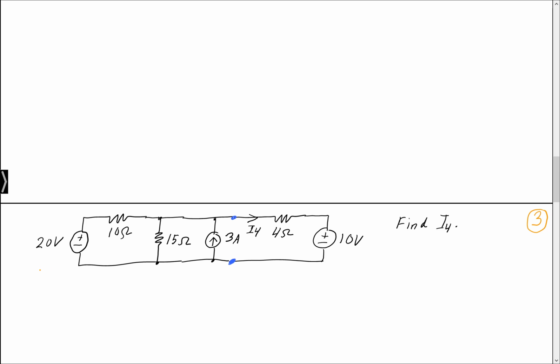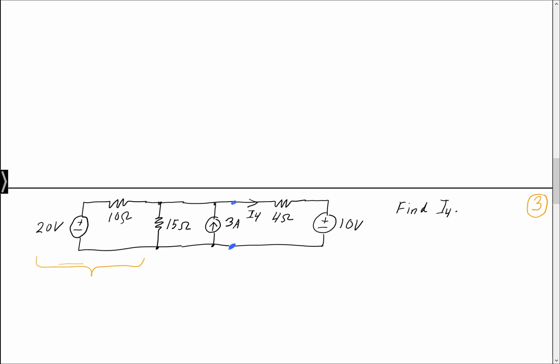If I do that, right away I can start doing this a little faster now. If I look at this section here, I see a 20 volt source in series with a 10 ohm resistor. So what does that give me? Well, I can transform it into a current source of value 20 volts over 10 ohms, or simply 2 amps, in parallel with the 10 ohm.